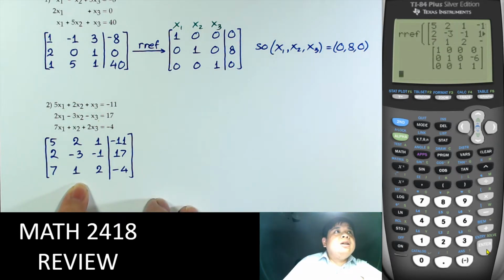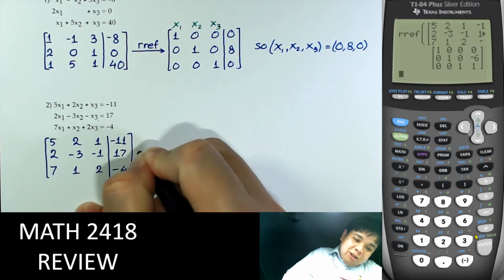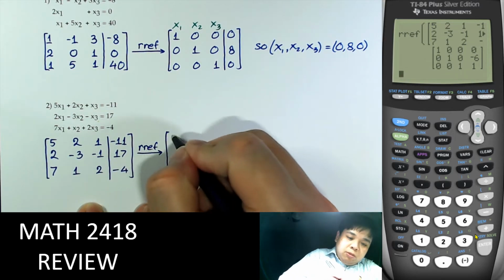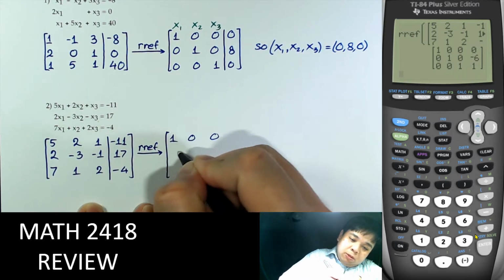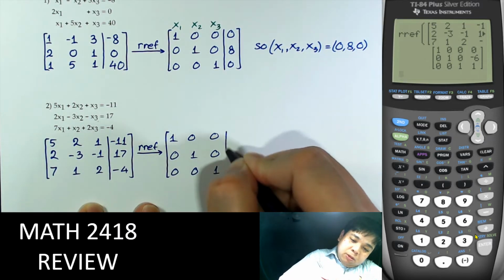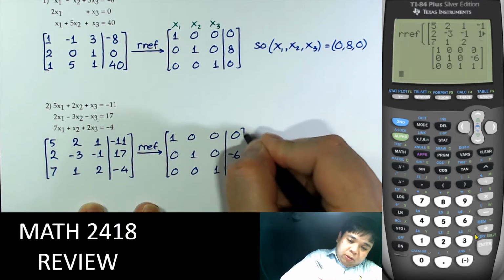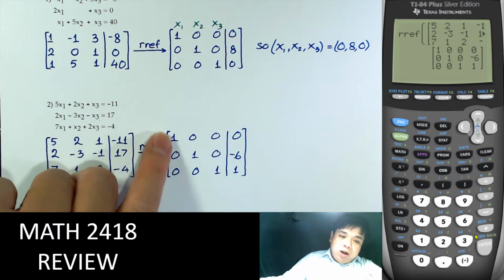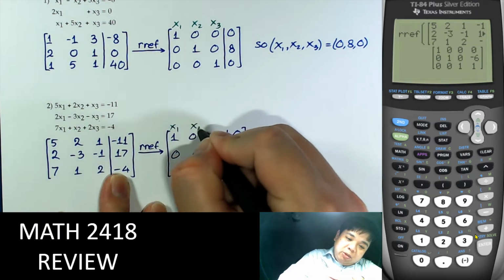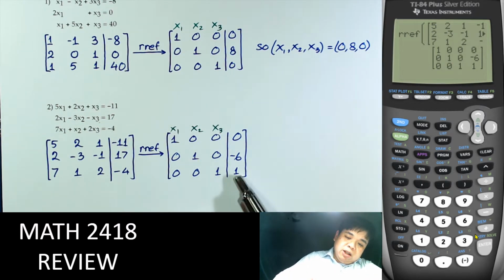Hit enter. So that's what we have. Once again, there is a pivot for x1, x2, and x3, so the solution will be 0, negative 6, and 1.